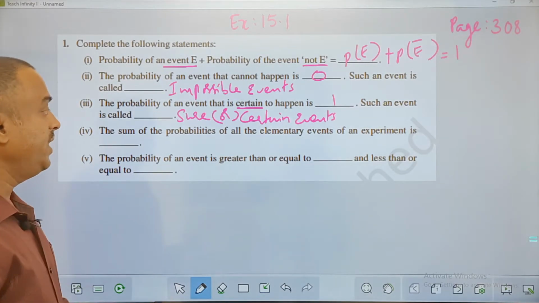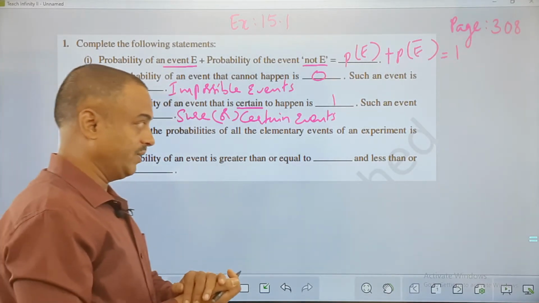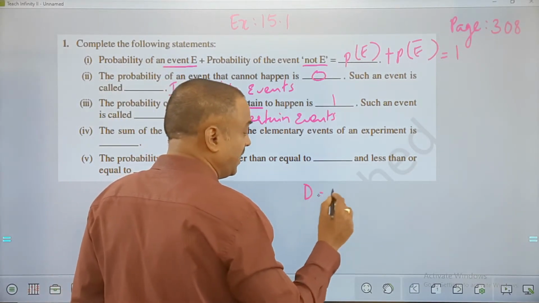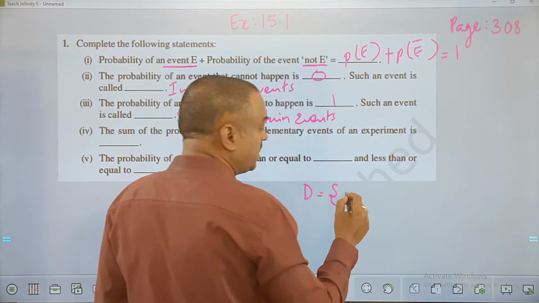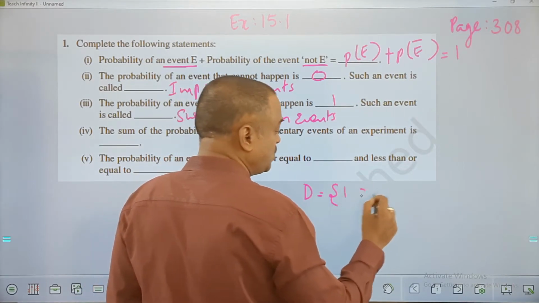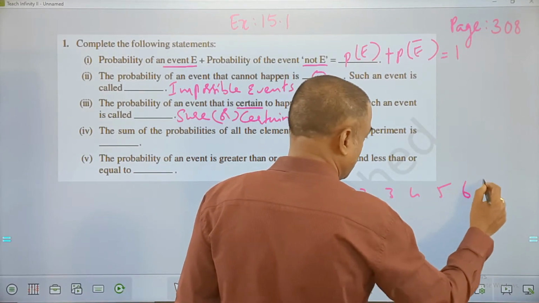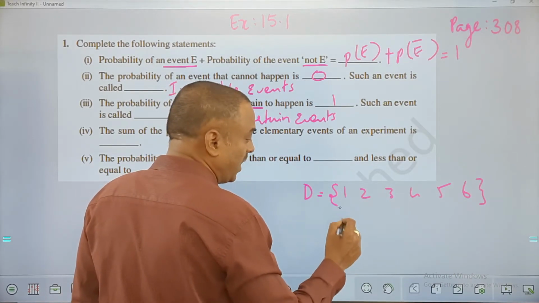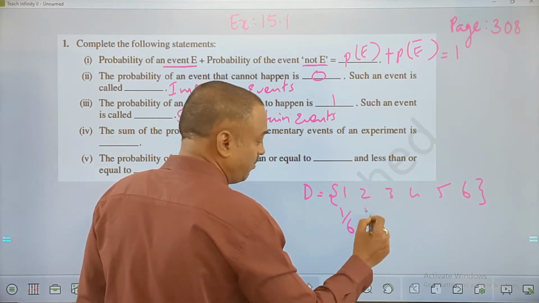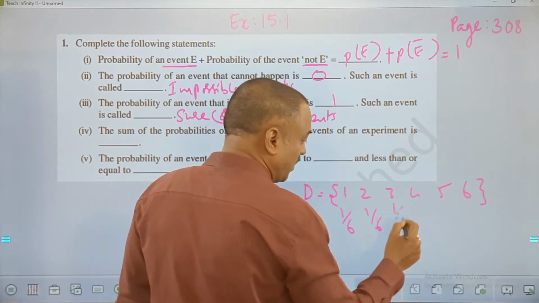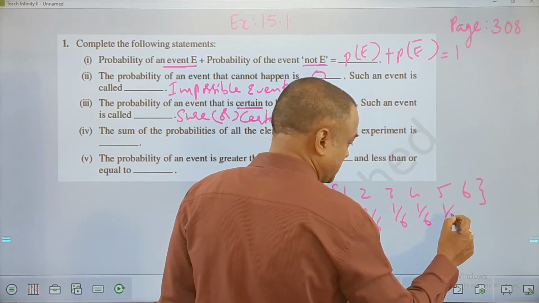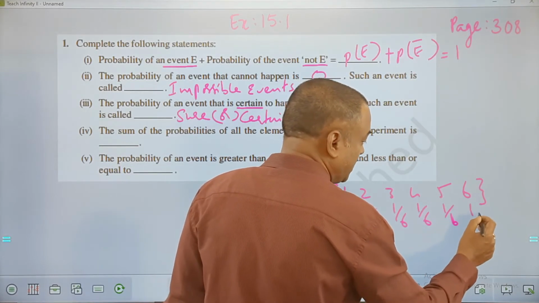The sum of the probabilities of all elementary events of an experiment is, say for example, if I am talking about a die, what are the total outcomes? 1, 2, 3, 4, 5, 6 are the total outcomes, and the probability of getting 1 is 1 by 6, 2 is 1 by 6, 3 is again 1 by 6, 4 is 1 by 6, 5 is 1 by 6, 6 is 1 by 6.